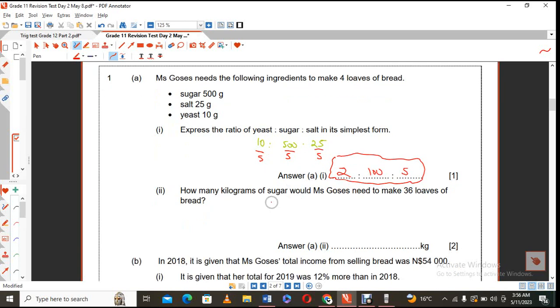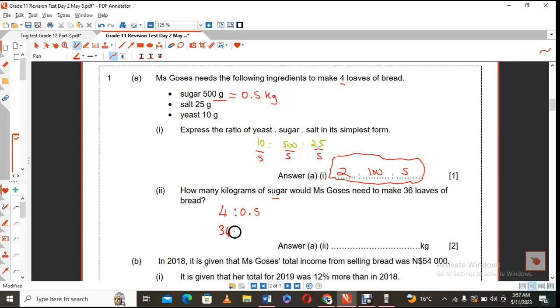How many kilograms of sugar would Mrs. Gosses need to make 36 loaves of bread? So what do we know? We know that 4 loaves of bread, we're now comparing sugar, takes about 500 gram. 500 gram divided by 1,000 is equal to 0.5 kilograms.